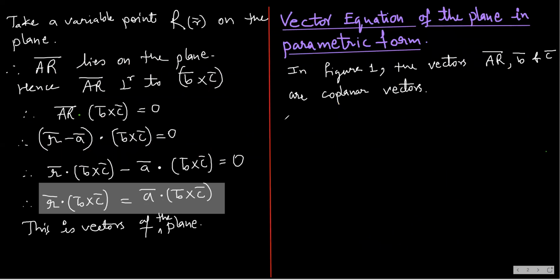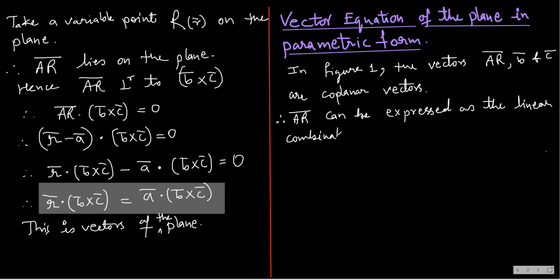Therefore, AR bar can be expressed as the linear combination of B bar and C bar.